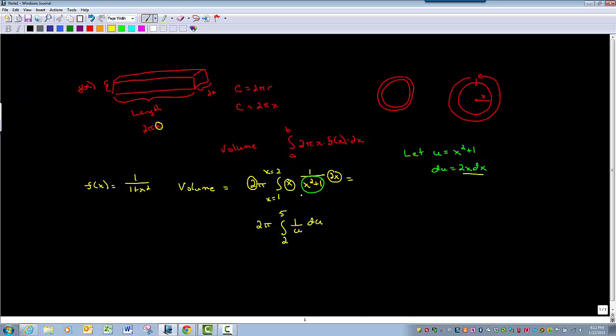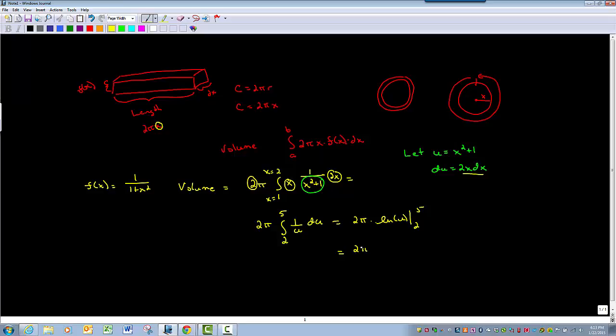So now I just need to solve this integral. The antiderivative for 1 over u is the natural log of u. So this is 2 pi times the natural log of u evaluated between 2 and 5.